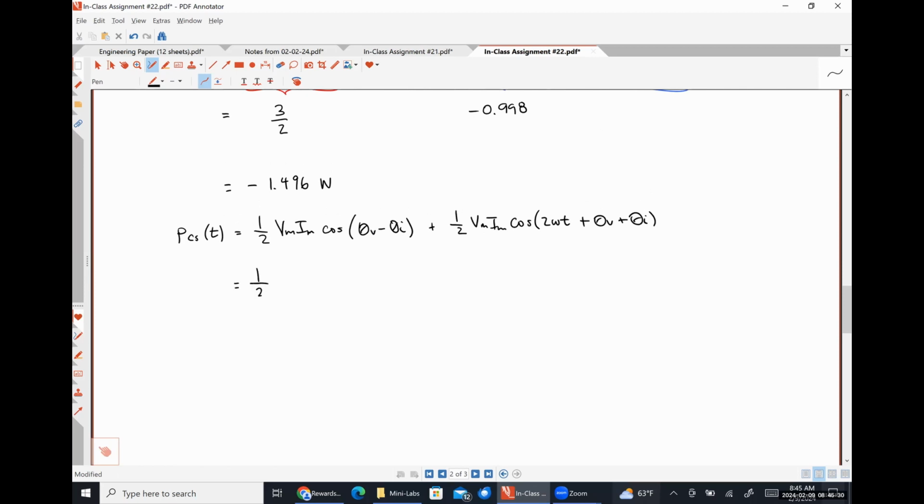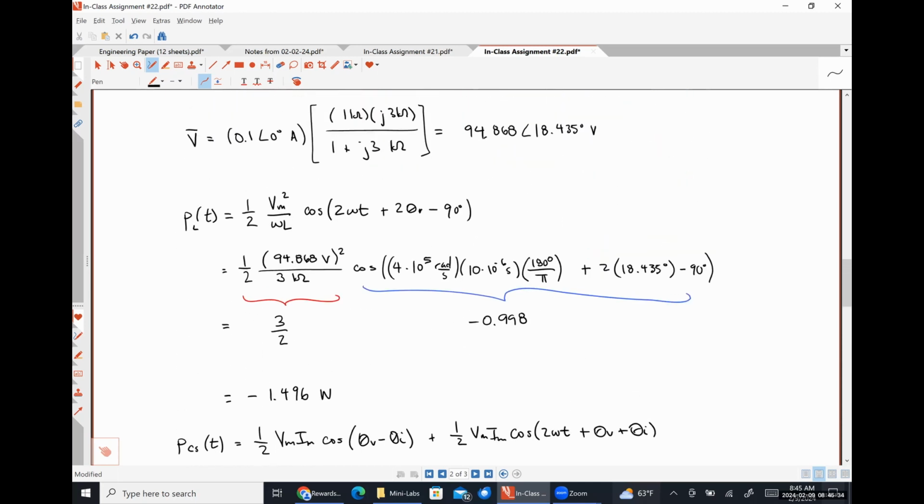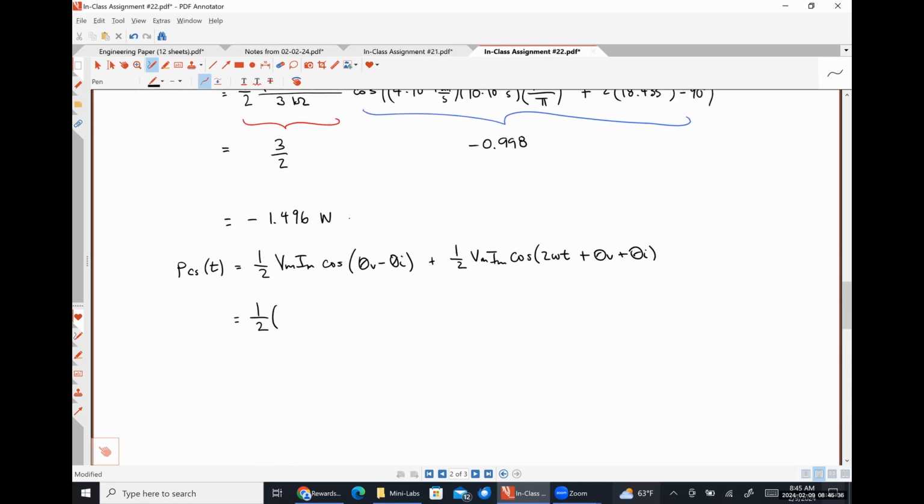So this is going to look like 1/2 times our 94.868 volts times our current of 0.1 amps.